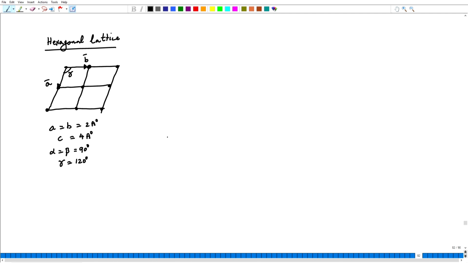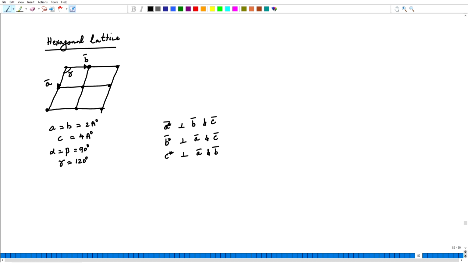Let us first write down how my A star, B star, C star are related. The vector A star is perpendicular to the B vector and the C vector, B star perpendicular to vector A and vector C, C star perpendicular to vector A and vector B.